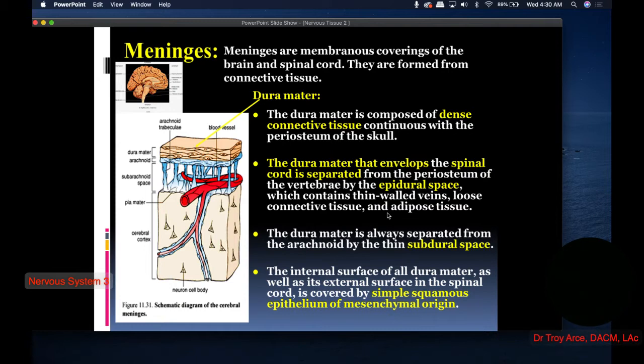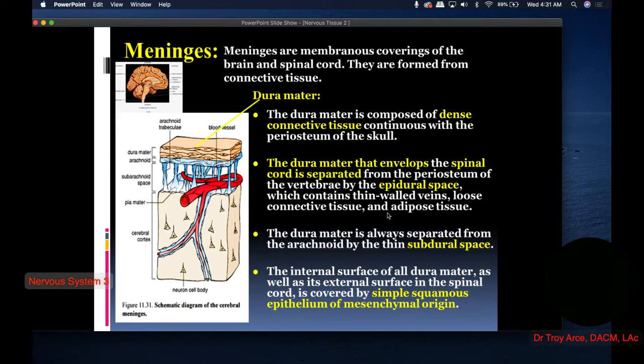And the dura mater that envelops the spinal cord is separated from the periosteum of the vertebra by the epidural space. So you're going to be hearing more about this epidural space, which contains thin-walled veins and loose connective tissue and adipose tissue.